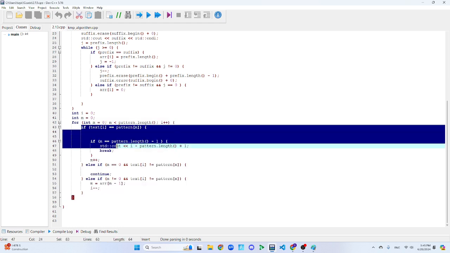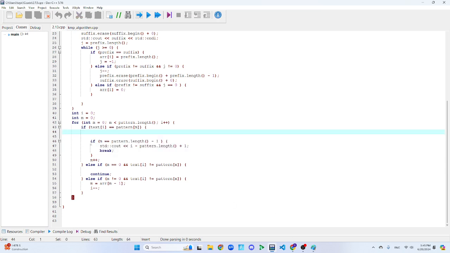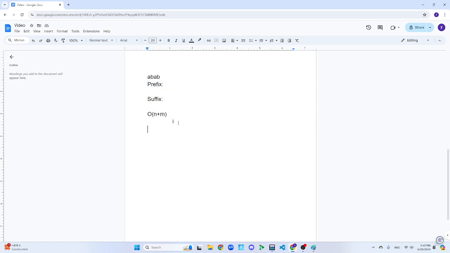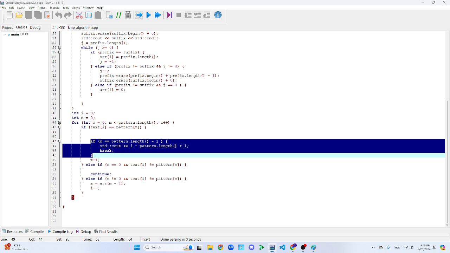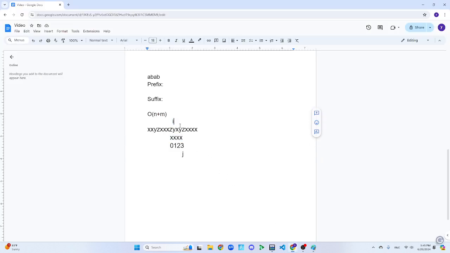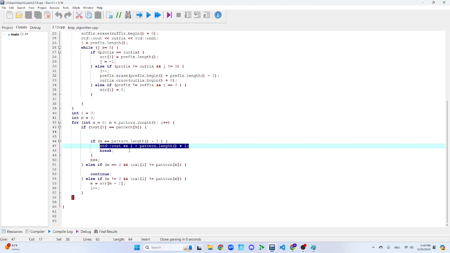If the text and the pattern are the same, then we detect if the J pointer is at the end of the pattern, and if it is, we pause and print out the index of the I pointer minus the length of the pattern.